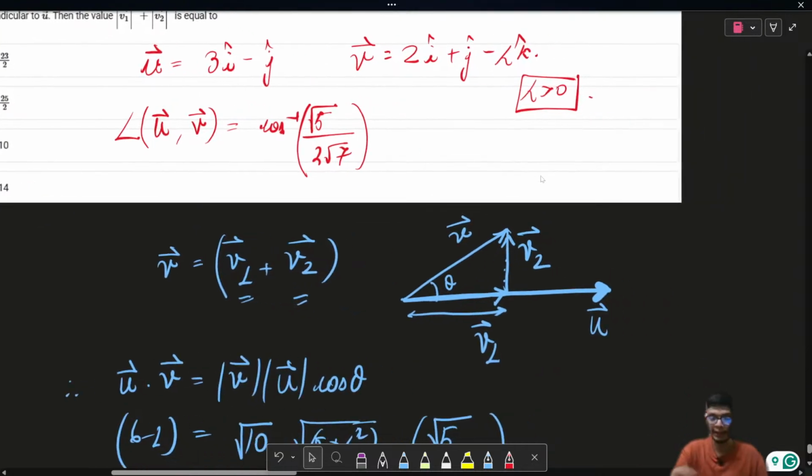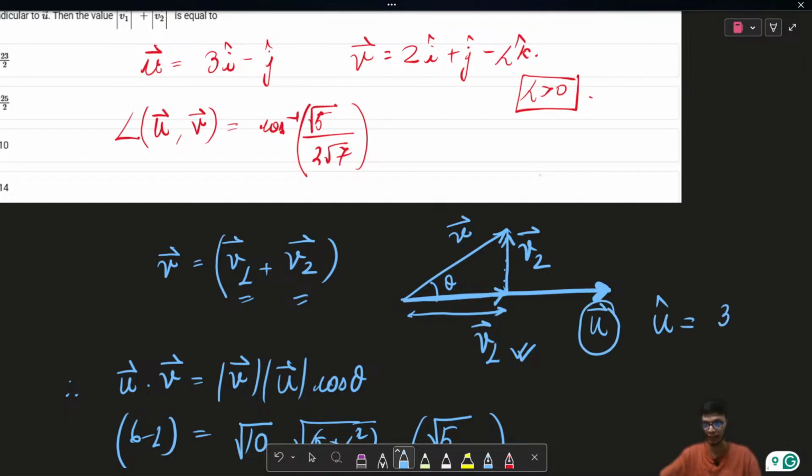Now in order to find the projection vector, I can find the unit vector along the u direction. The unit vector along u direction would be given as 3 i cap minus j cap divided by square root 10. Then v1 can be obtained by first finding the magnitude, which is mod of v times cosine theta.